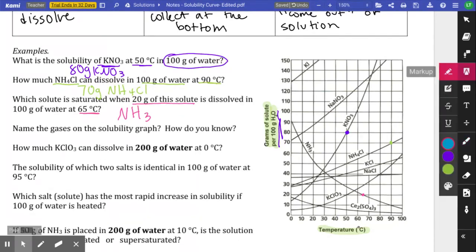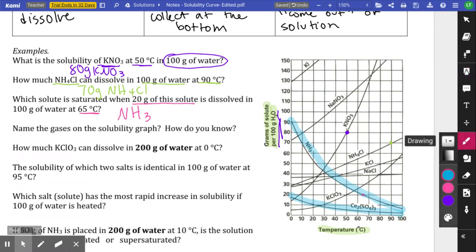Looking at my graph, I can see that NH3 solubility is decreasing, and Ce2SO43's solubility is decreasing as well. So those are my two gases: NH3 and Ce2SO43.